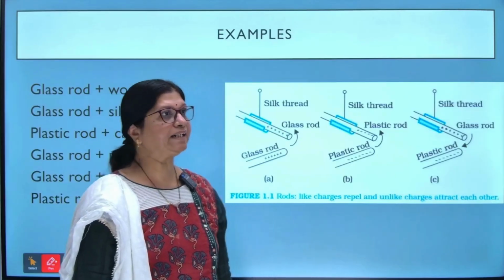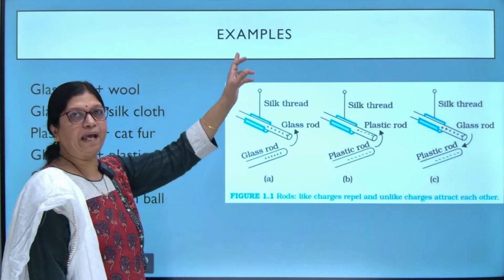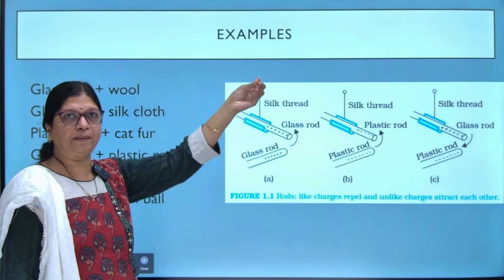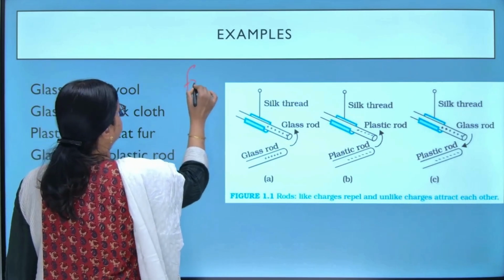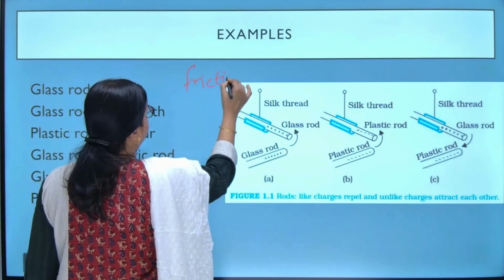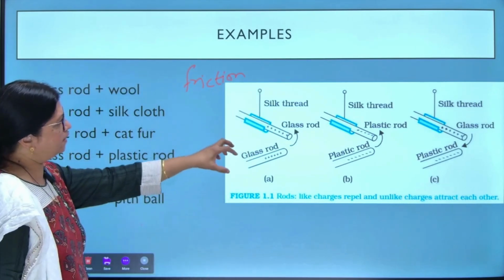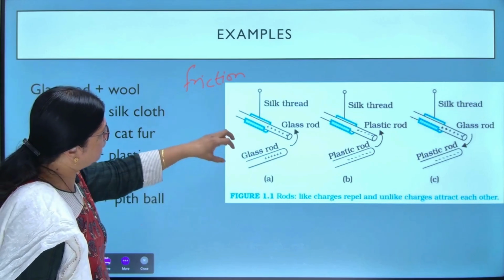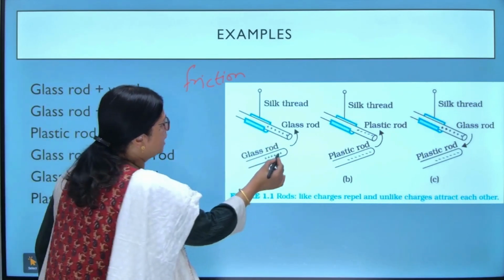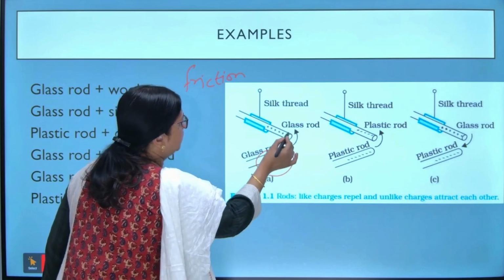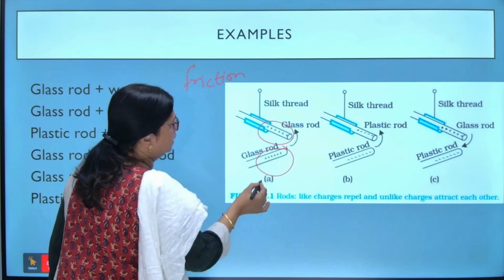Okay, so now let us quote some examples of charging by friction. Now, as you can see in the diagram, we can see two glass rods with positive charge here and positive charge here.